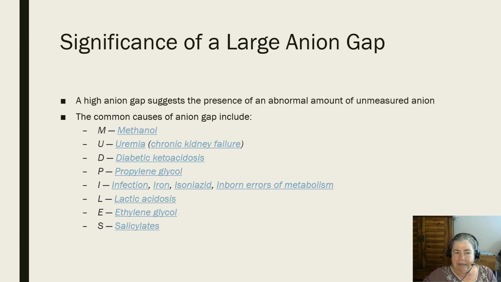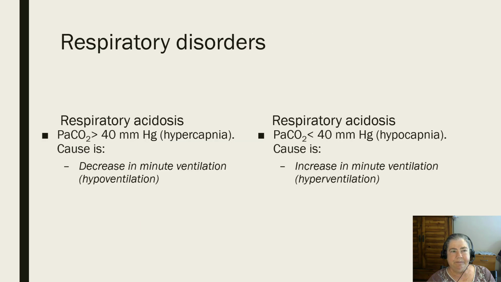L for lactic acidosis, E for ethylene glycol, again a chemical that is used as an antifreeze, and S for salicylate, so it's MUDPILES. Mud piles. Sometimes mud pies, but the lactic acid in there helps me.